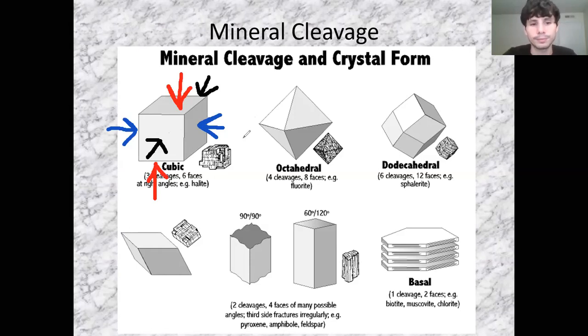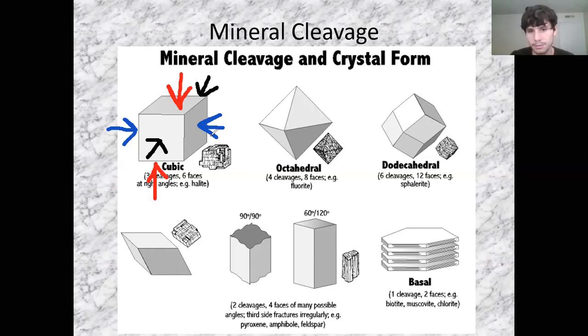So now you can kind of see visually the planes of cleavage. They're all in different colors. So the red, the blue, and the black, those are 3 different cleavages or cleavage planes on where this mineral would break.